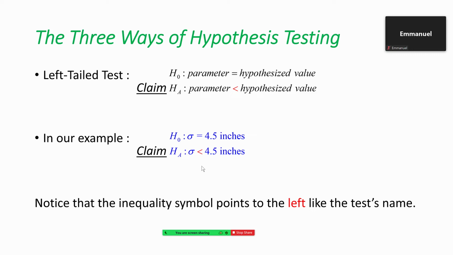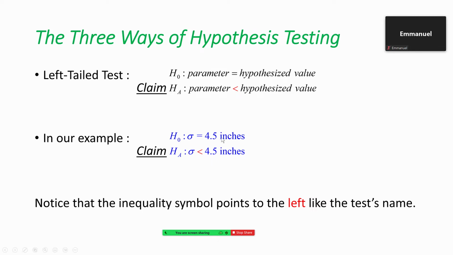Then we have the left-tailed test type. Here, this is the standard deviation problem with the corn. And the claim was that they've lowered it below the 4.5. So standard deviation is represented by sigma. Sigma is less than 4.5 is the new claim.